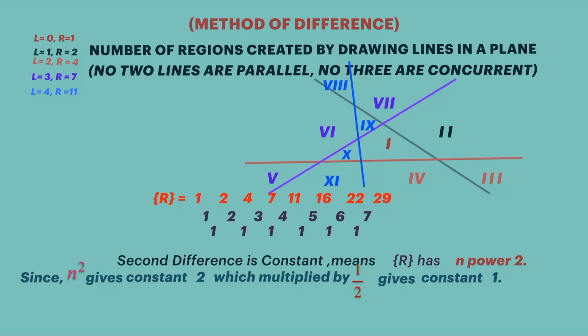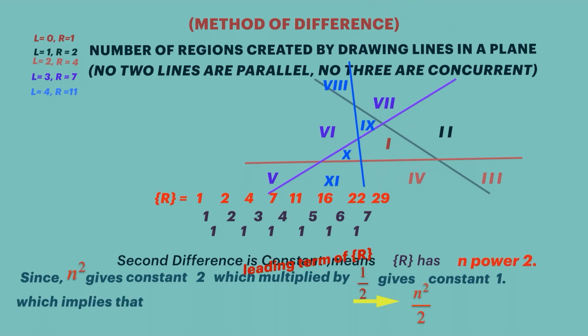So clearly half is the coefficient of n square. That is, n square by 2 will be the leading term of R. So in the nth term of the sequence R, there is the term n square by 2.